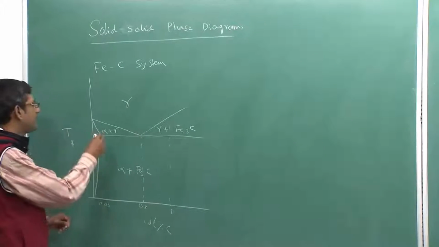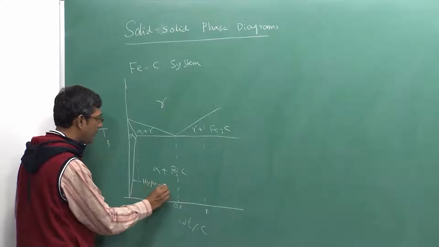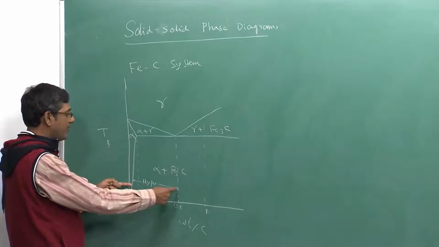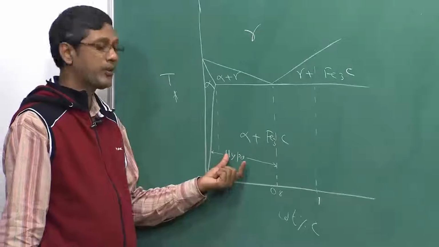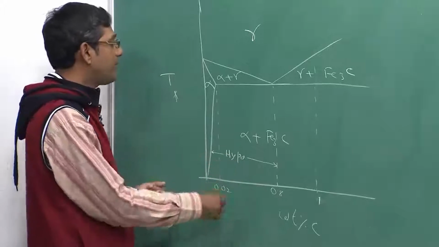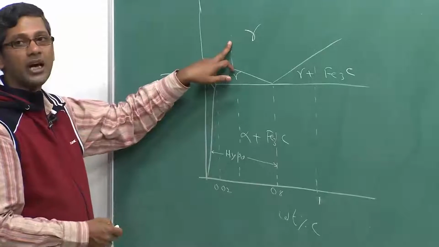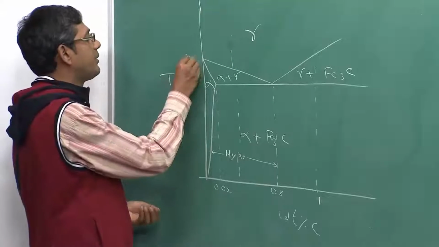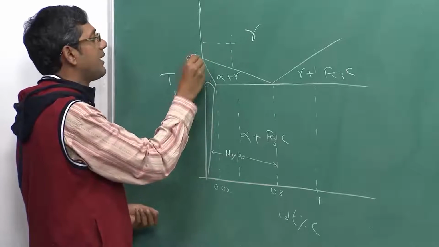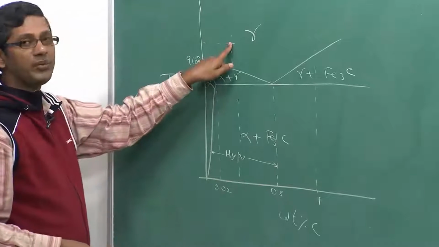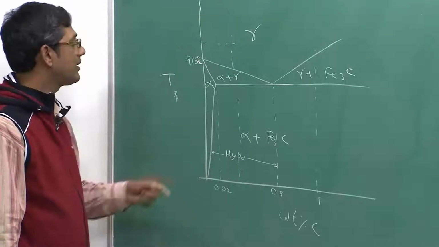I am going to discuss it from this phase diagram, because that is my base. As you see here, this is the hypoeutectoid steel composition, what I write as hypo. Any steel which has a carbon concentration less than 0.8 is known as hypoeutectoid steel. So, if I take a steel composition like this and start cooling from the gamma region, which is about 950 degrees Celsius, suppose here, because this is 910, the first phase which will form from gamma is alpha.